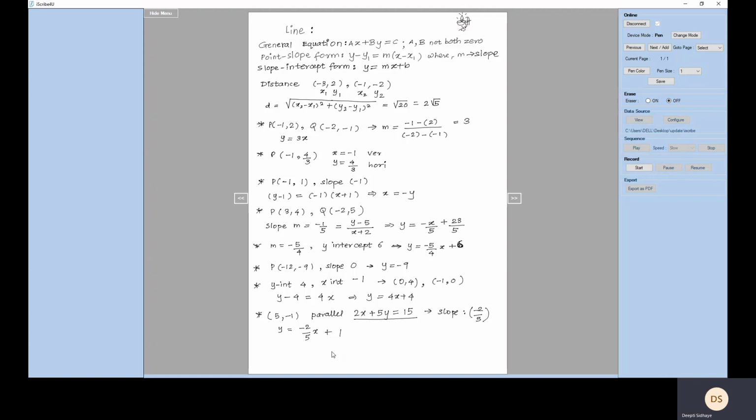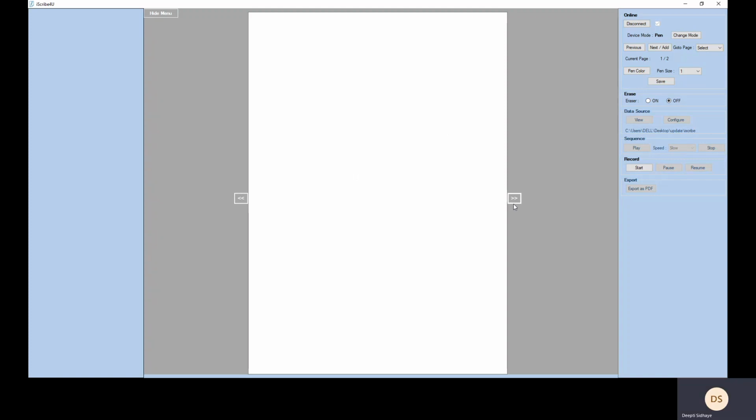Now imagine another situation where you have been given that the line passes through the point (4, 10) and is perpendicular to the line 6x minus 3y is equal to 5. Since it's perpendicular, the rule is that the product of slopes of two perpendicular lines is minus 1. The slope of this particular line is 2.